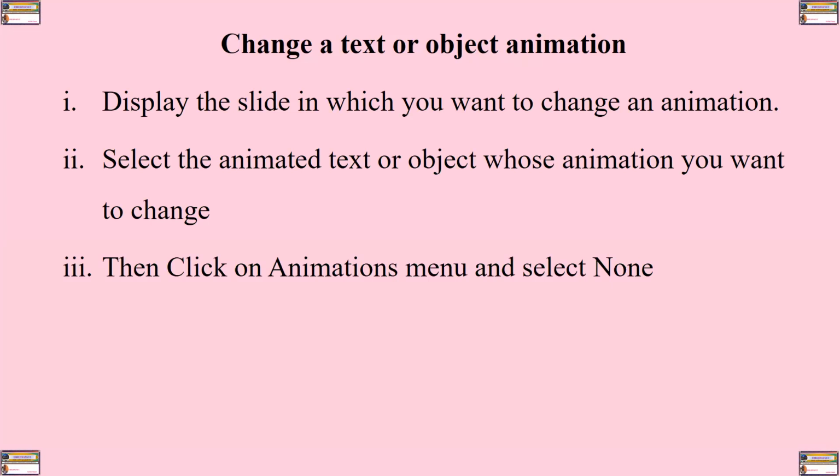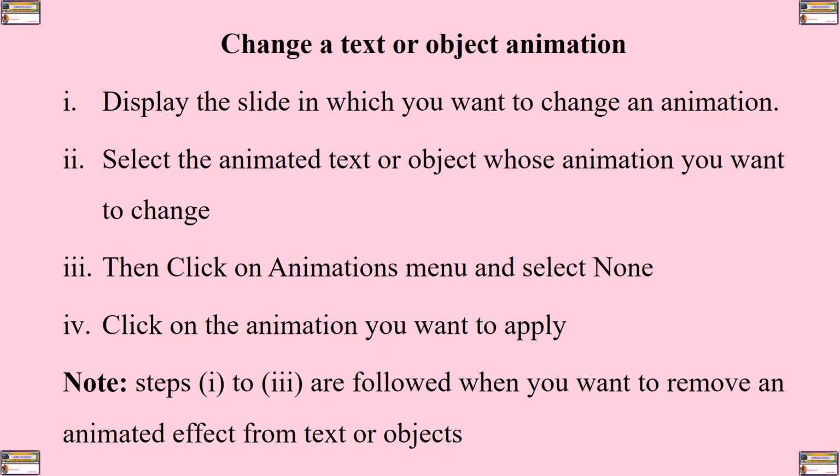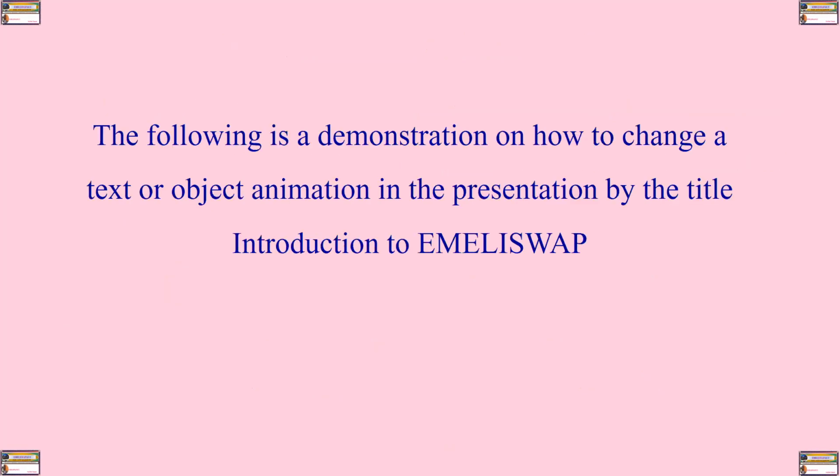By doing that, you will have removed the animation. Then you click on the animation that you want to apply. Note, steps 1 to 3 are followed when you want to remove an animated effect from text or objects. So the following is a demonstration on how to change a text or object animation in the presentation by the title Introduction to MLSwap.